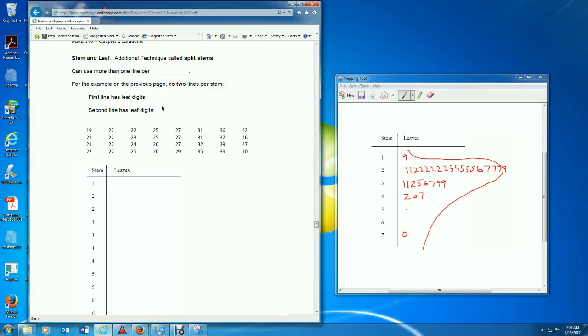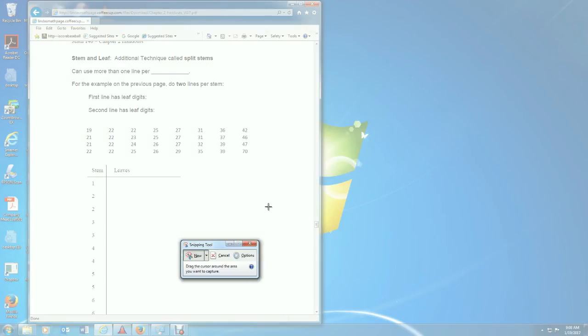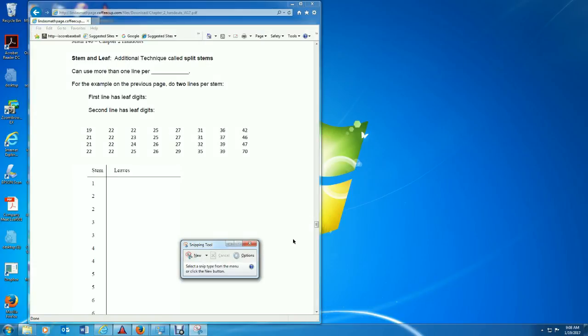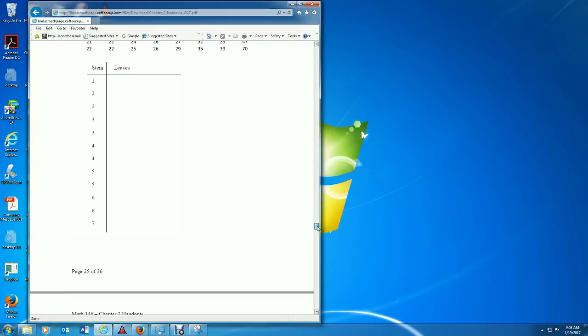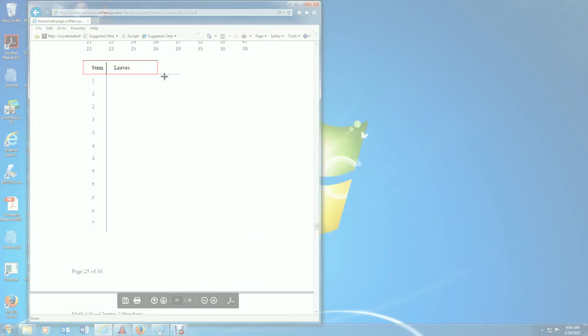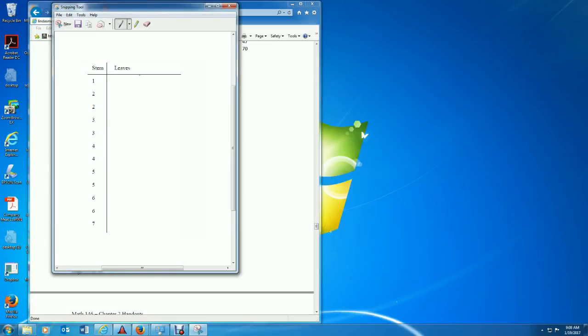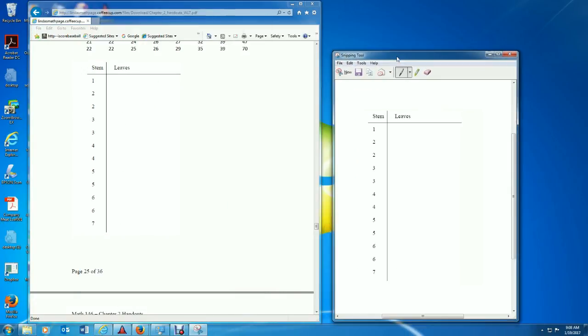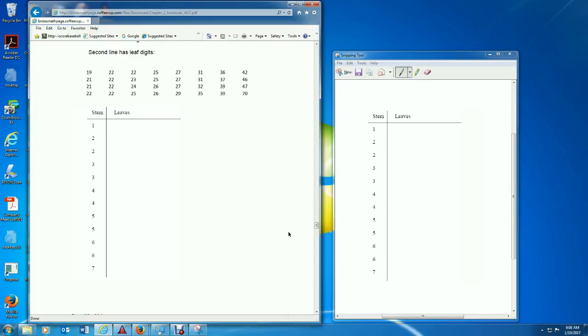The second line is going to have leaf digits 5 through 9. Oh, sorry. I got to snip this so I can make a new plot, and I want to be able to see the data.